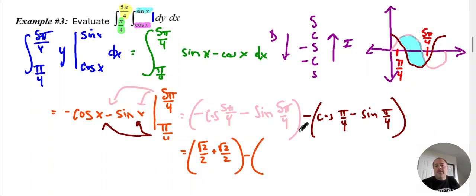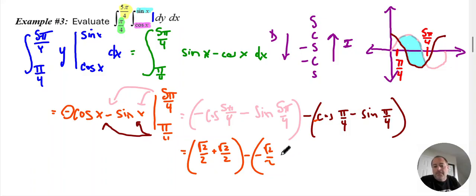And then cosine of pi over 4. Oh, you know what? I actually forgot to put the negative here. I forgot this little guy right there. I'm glad I saw that. So negative cosine of pi over 4. My apologies, guys. So we're going to do the opposite of cosine of pi over 4, which is going to be negative square root of 2 over 2.